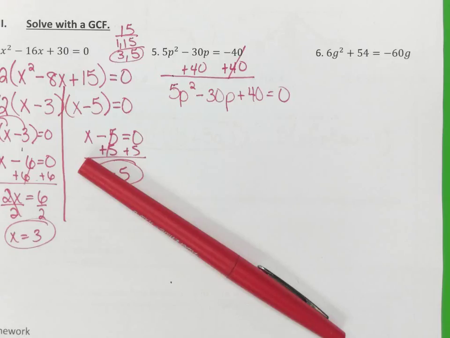You can do a GCF. See how much smaller that is? What we're doing, each one is 5.